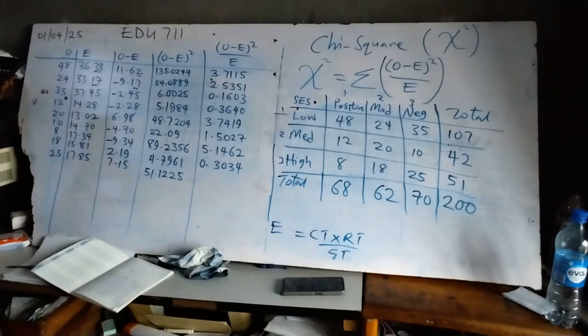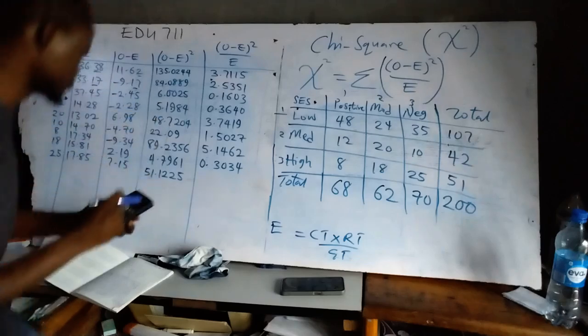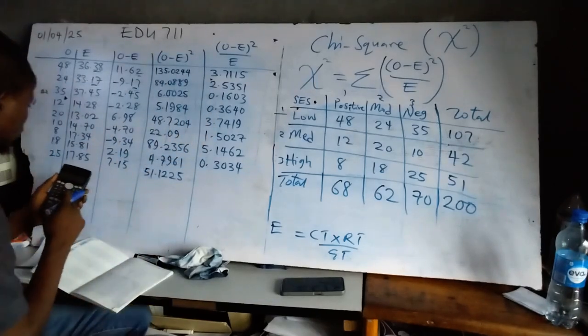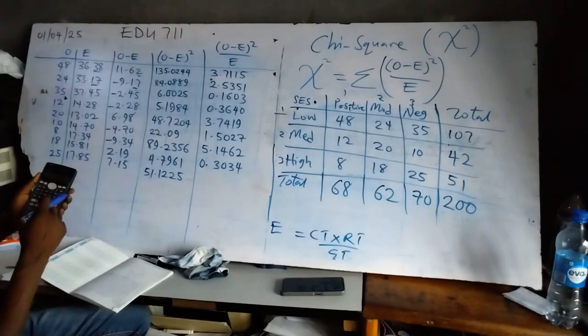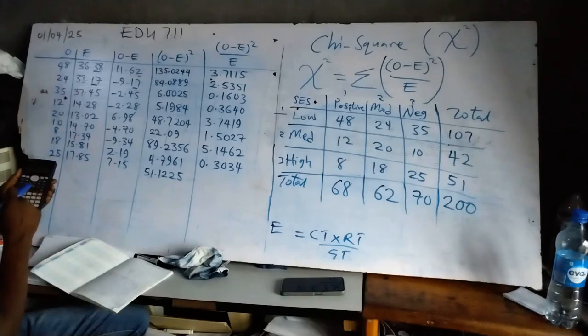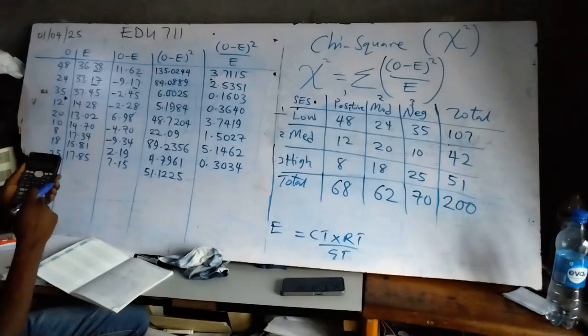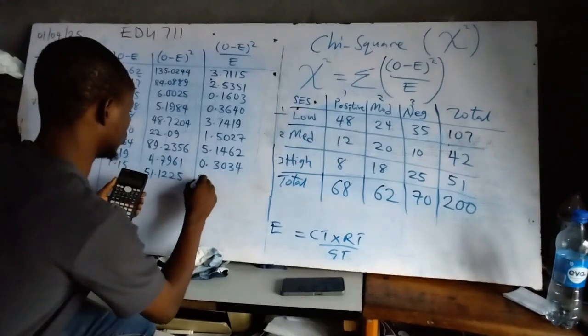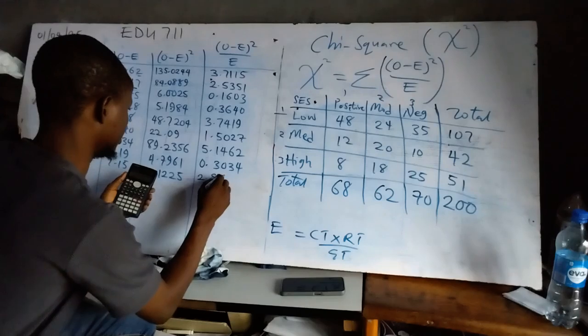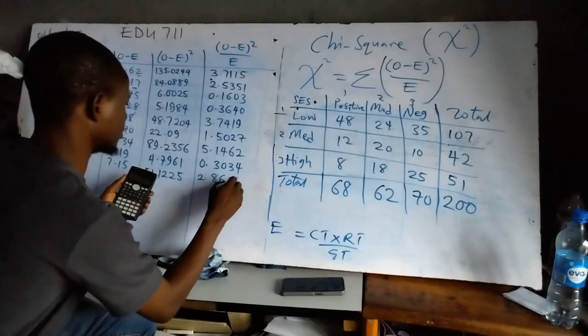And lastly, 51.1225 divided by 17.85, that gives us 2.8640.